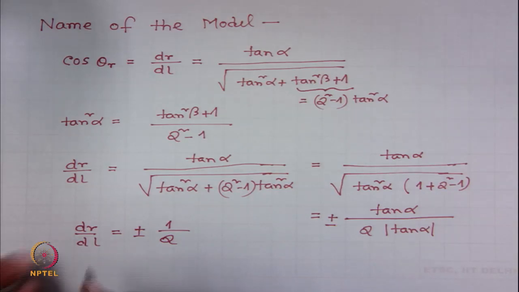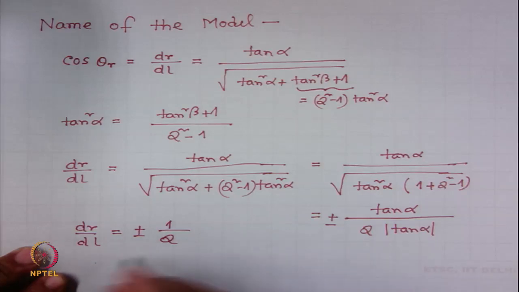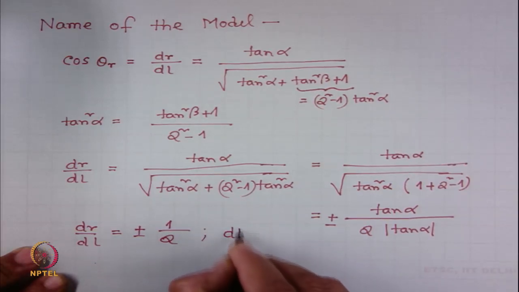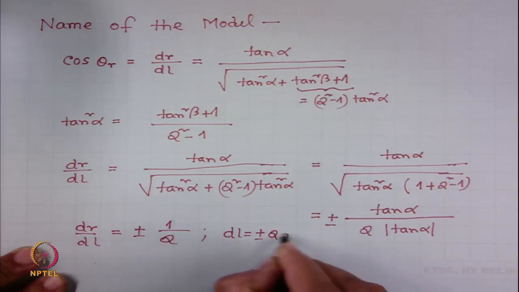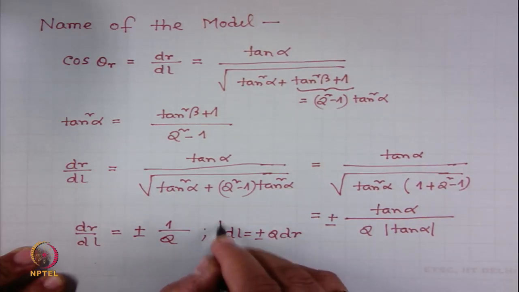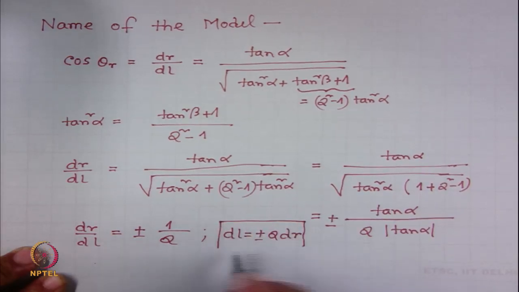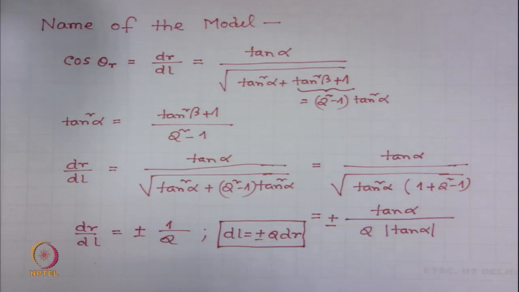What does that mean? This means dl is plus minus q times dr. Look at this expression: dl is the change in length of the fiber segment, dr is the change in radius, and q is a constant. So, the fiber length increases equidistantly with steps of radius.